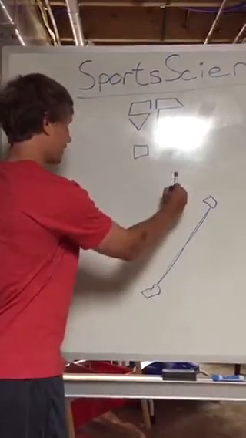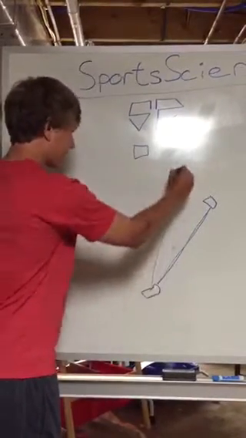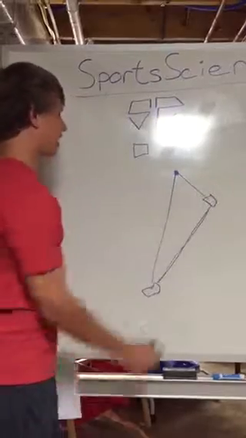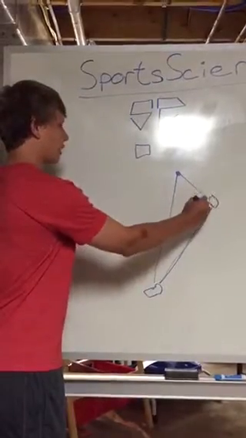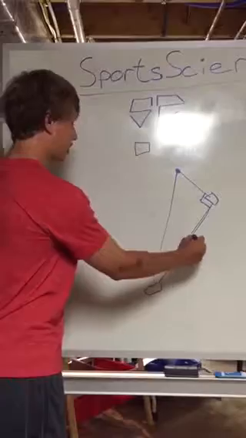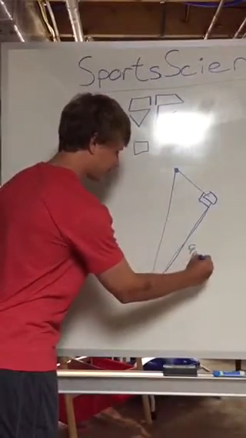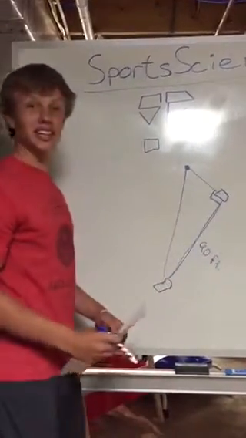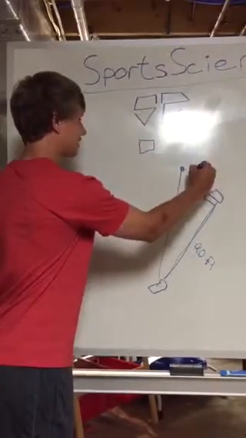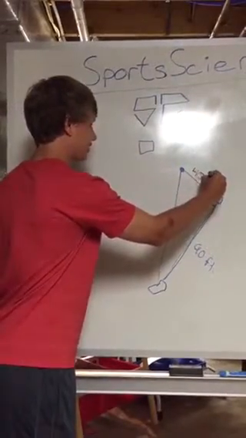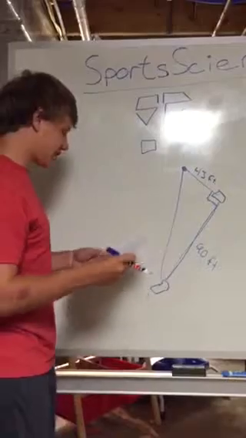Then we got that distance from home, right here. And this line right here will make a right triangle. This distance we know to be 90 feet because we are educated on the dimensions of baseball. And this distance right here, 45 feet, exactly halfway from first to second.